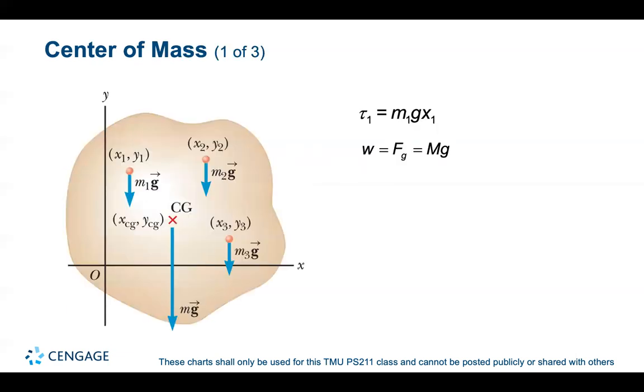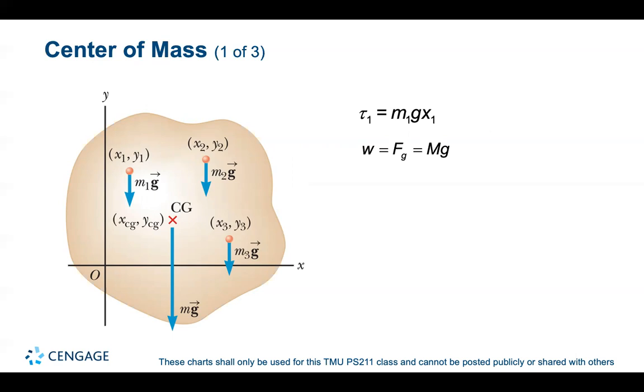In this figure, the net gravitational torque on an object is 0 if computed around the center of gravity. The object will balance if supported at that point or any other point along a vertical line above or below that point. The figure shows an arbitrary shaped object in the XY plane.